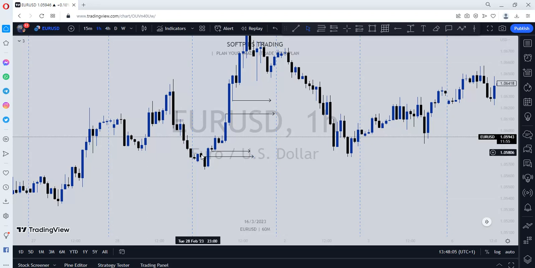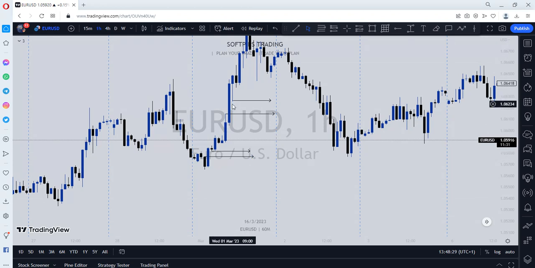This has a breaker block, old high, that was taken out. So I prefer this than this. Most times these don't hold, but this holds. Though we predict and we act according to what the market is giving us, over time I don't like taking this kind of fair value gap.